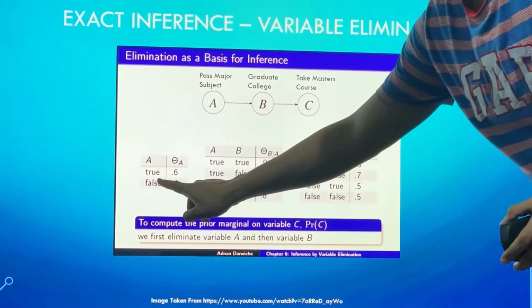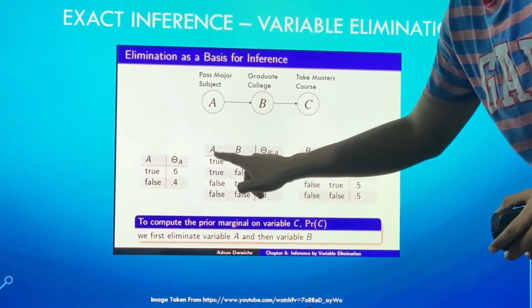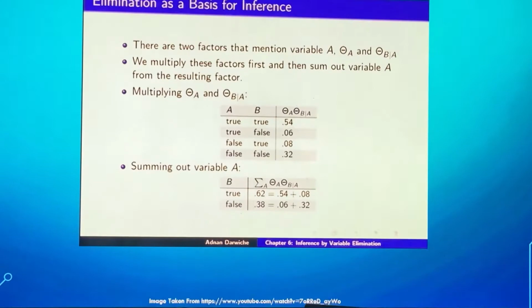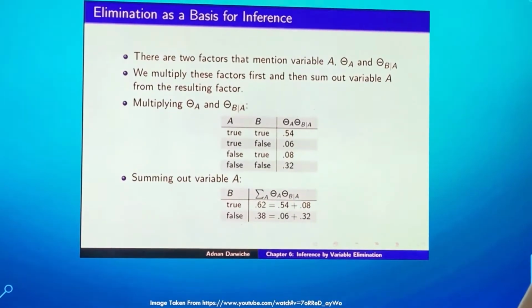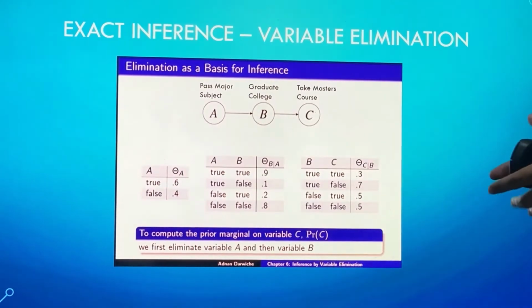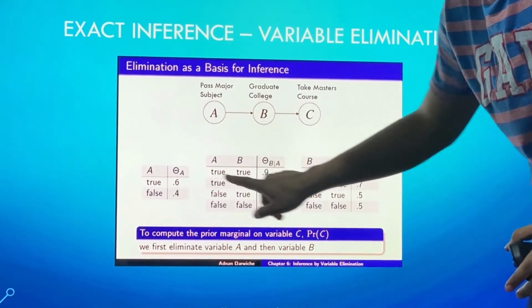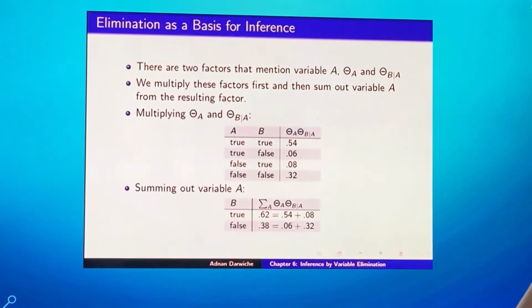So since A true is 0.6, multiplied by this row, 0.6 times 0.9, we have 0.54. Going back, 0.6, since A is true here again, we multiply 0.6 with 0.1, we get 0.06.